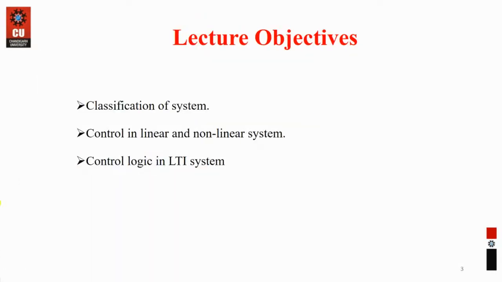Today's objective for the lecture is the different types of systems, the classification of systems, and how the control is working in terms of linear and non-linear systems, the control logic of the LTI system. Apart from it, we are going to focus on how to model a system. It may be a mechanical model, it may be an electrical model.